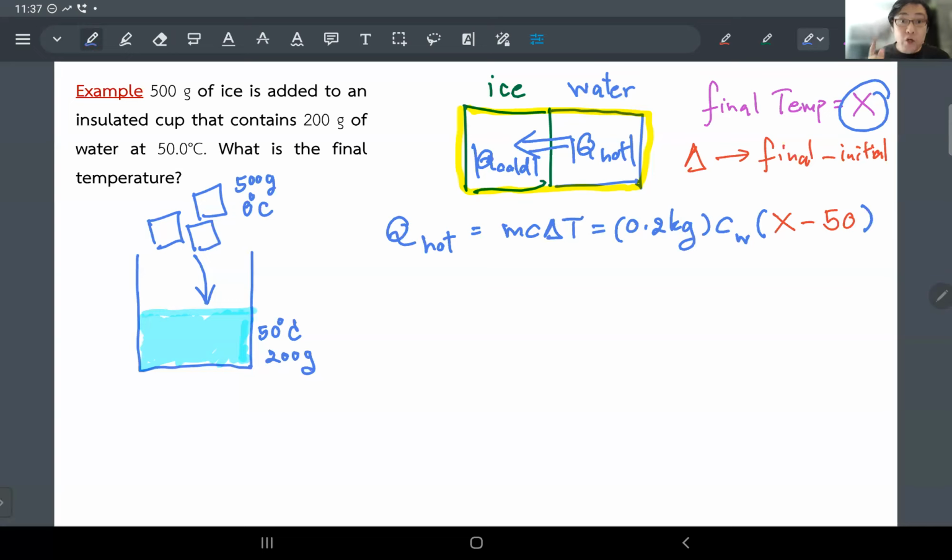Okay. And the good thing about this one is this equation doesn't have any absolute sign whatsoever. The mathematics will take care of the final answer itself because everyone knows X eventually must be less than 50. So at the end, the Q that you're going to get out of this is going to be a negative number.